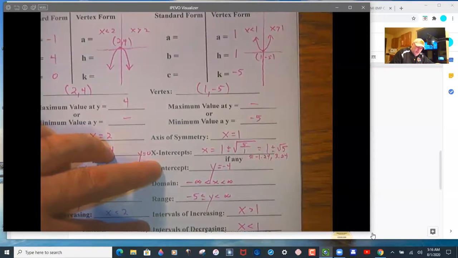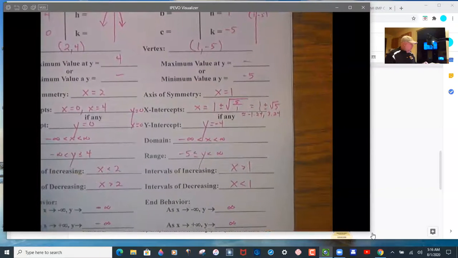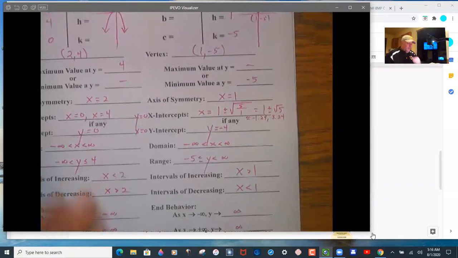And both of the arrows are going up here, meaning that the end behavior is both positive infinity. Okay, let's check that again. This opens up. So, I must have my answer key wrong. Okay, all right, I stand by that interval of increasing, greater than 1. All right, next page.